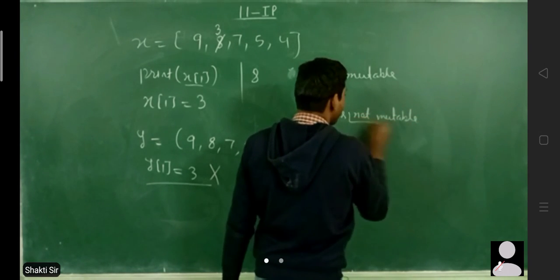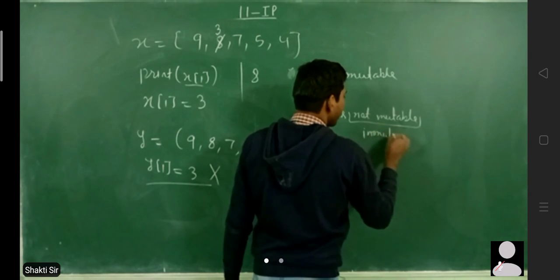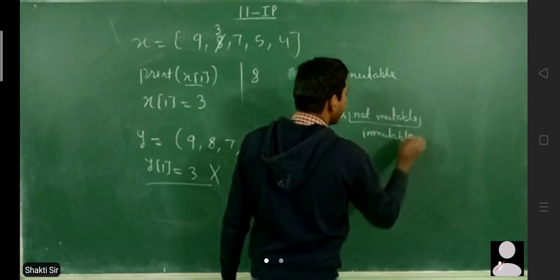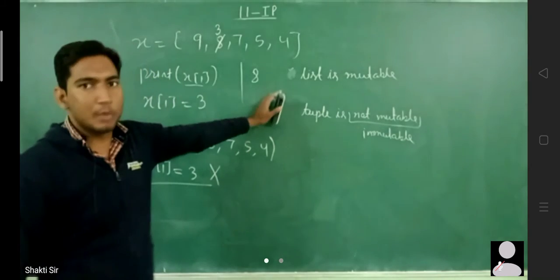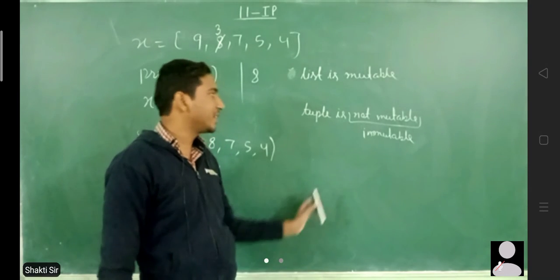And instead of not mutable, we can also say immutable. So basically a list is mutable but a tuple is not mutable, or you can say immutable.